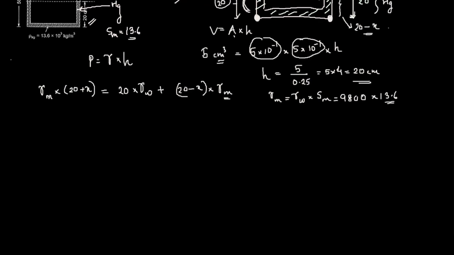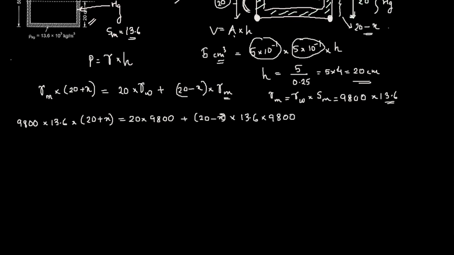So we have 9800 into 13.6 into (20 plus x) is equal to 20 into gamma w, which is 9800, plus (20 minus x) into 13.6 into 9800.